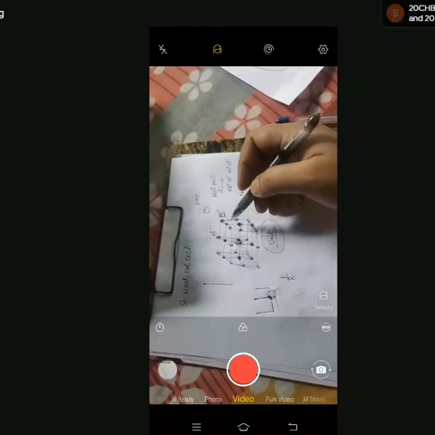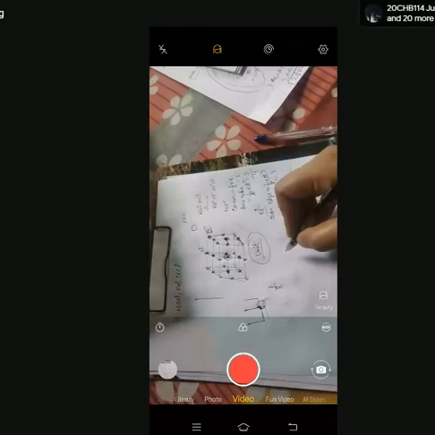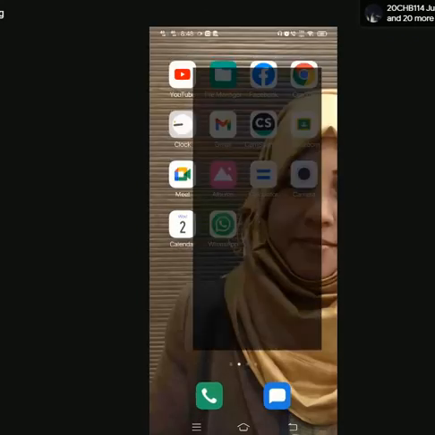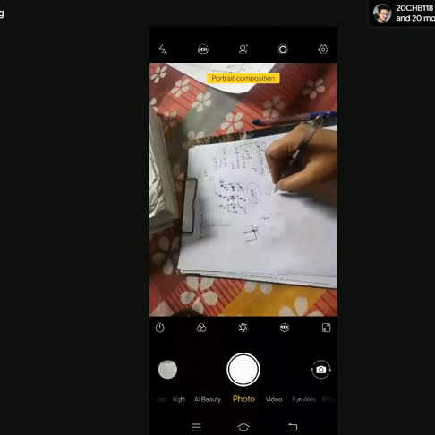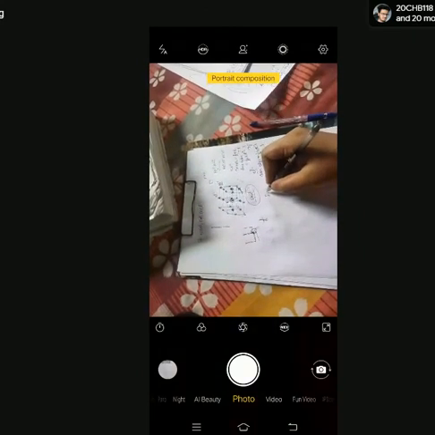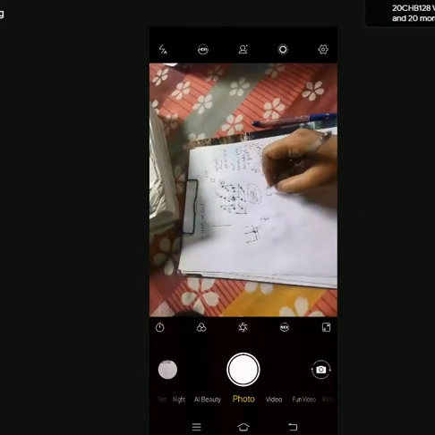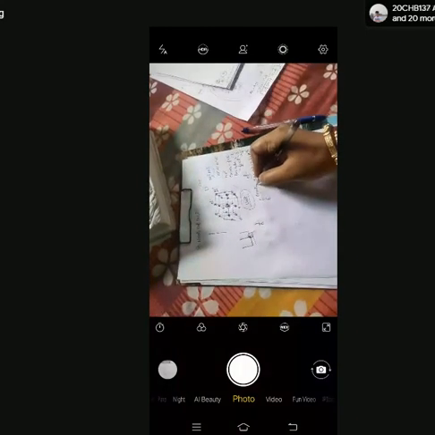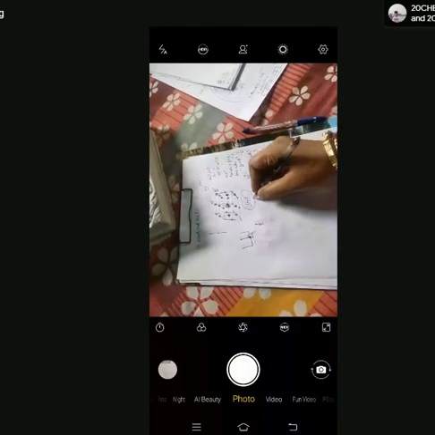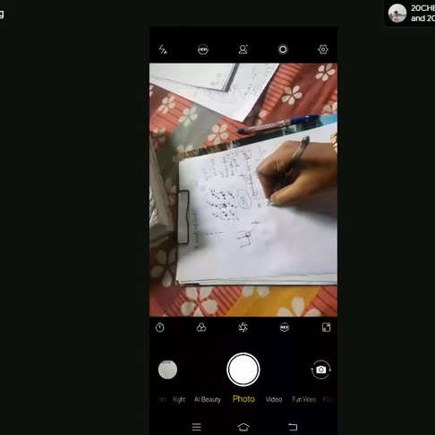So a total of 6 Cl- are surrounding the Na+, and similarly 6 Na+ will surround Cl-. So for Na+ as well as Cl-, the coordination number will be 6, 6.